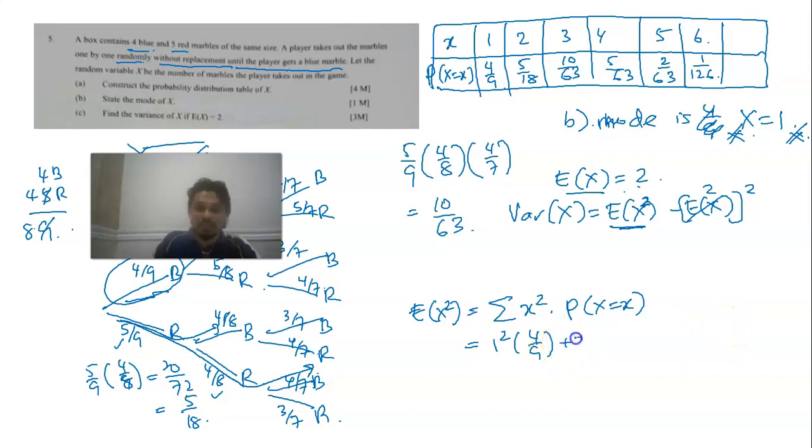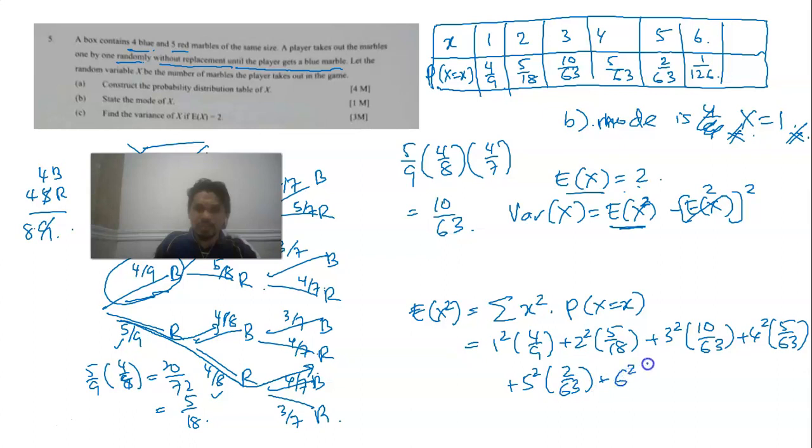Plus 2 squared times 5 over 18, plus 3 squared times 10 over 63, plus 4 squared times 5 over 63, plus 5 squared times 2 over 63, plus 6 squared times 1 over 126, and the total equals 16 over 3.